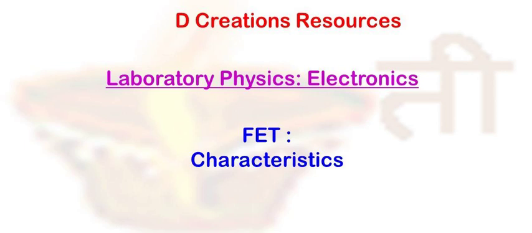Now actually this rectangular box that we are indicating here for FET is a cross-sectional diagram, and in practice there is a 3-dimensional symmetry.